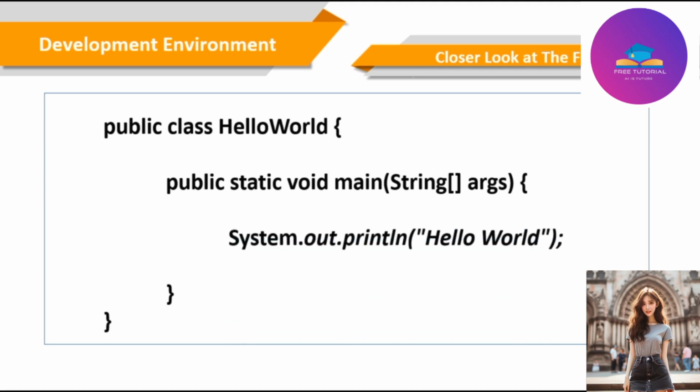And then finally, the line System.out.println Hello World. The println method prints the content inside the double quotes into the console and inserts a new line after. It uses the System class from the core library of Java. Now, don't worry if you don't get it at first. We're going to learn a whole lot more about classes and methods in the next lectures.